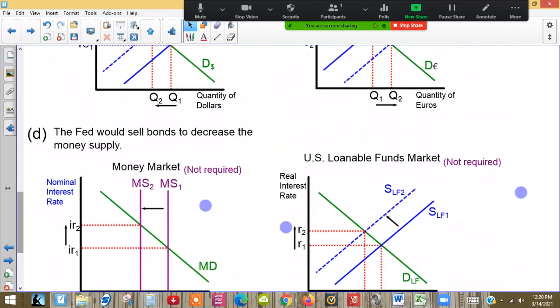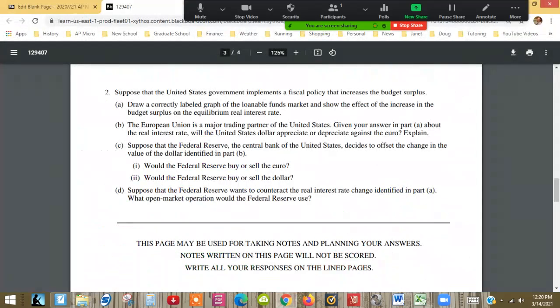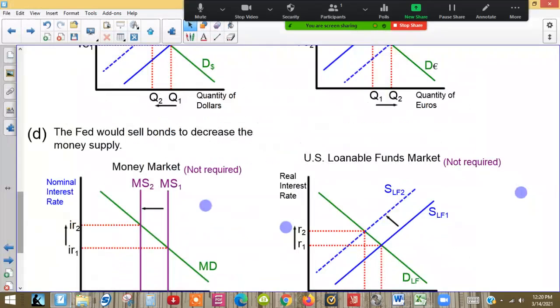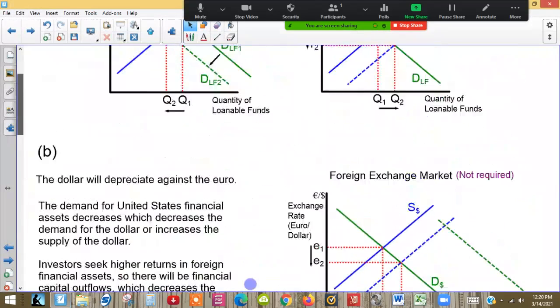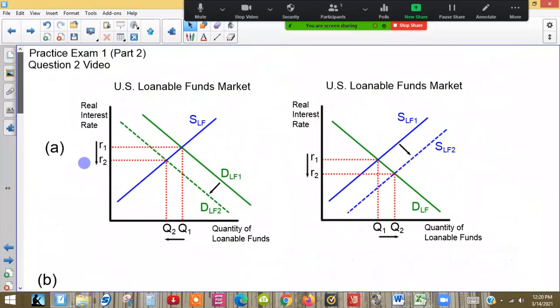Let's just jump back over here to make sure what happened in part A, which was the real interest rate decreased. So we're trying to reverse that trend.